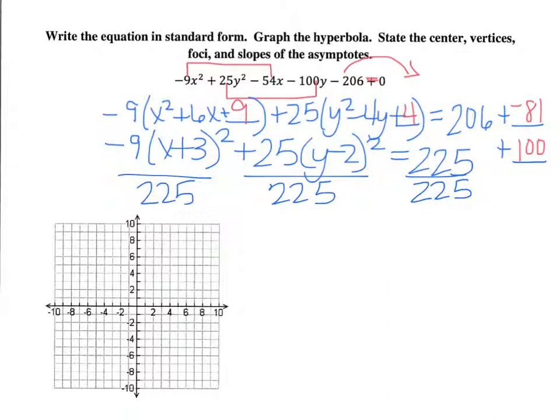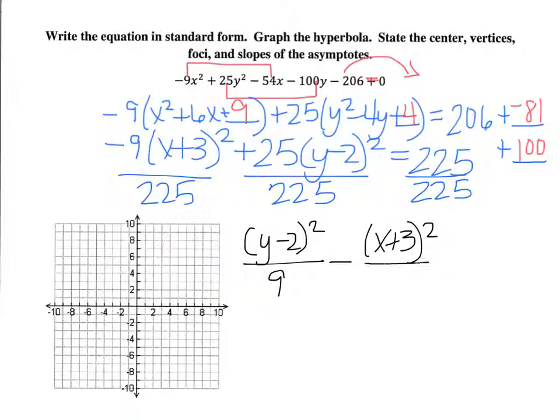So my equation becomes y minus 2 quantity squared over 9 minus x plus 3 quantity squared over 25 is equal to 1. Since y is first, my vertices will be vertical. The minus makes it the hyperbola. Be careful with the center because the center is still coming from x, y, so you have to kind of flip them. Now we have to state the center, the vertices, the foci, and the slopes.